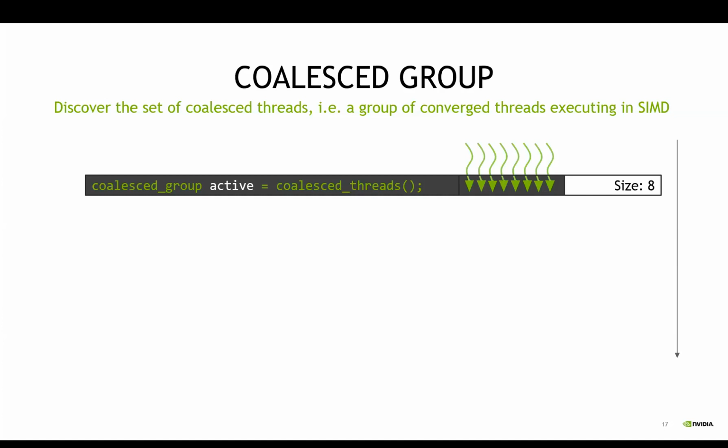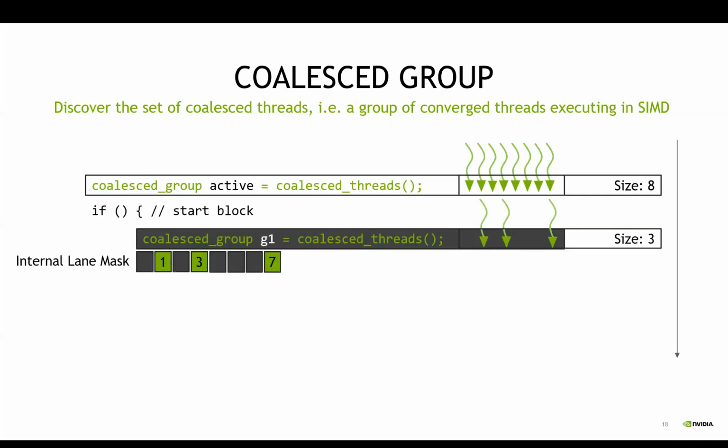It might not be all 32. So the first thing I'll do is define this thing called a coalesced group. I'll give it the name active, and I'm going to use a maker function which returns an opaque entity into the active object, giving me a handle to refer to this group that is currently executing in lockstep. That's my first step: create the group.